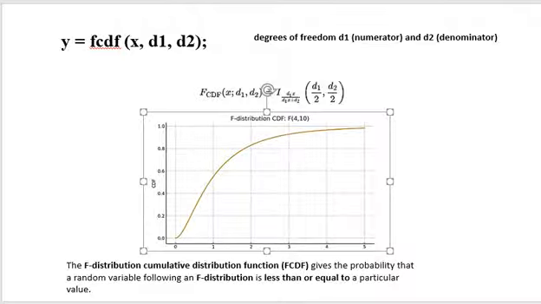This function form is for MATLAB. I use it from MATLAB. We have three variables, d1, d2, and x. X is the variable, and d1 and d2 are the numerator and denominator.